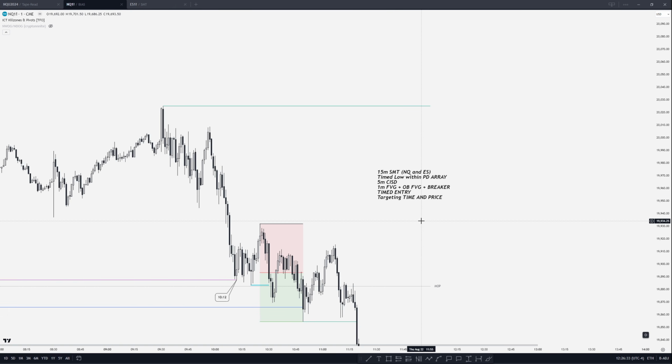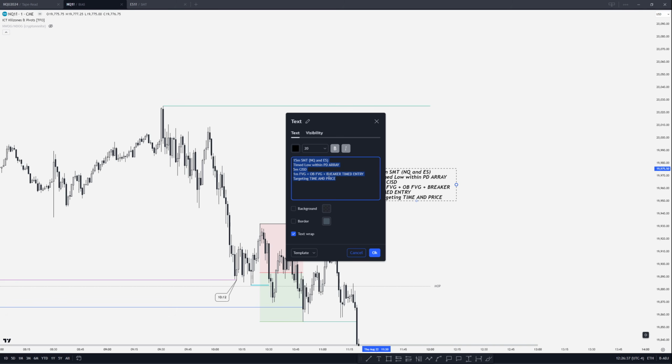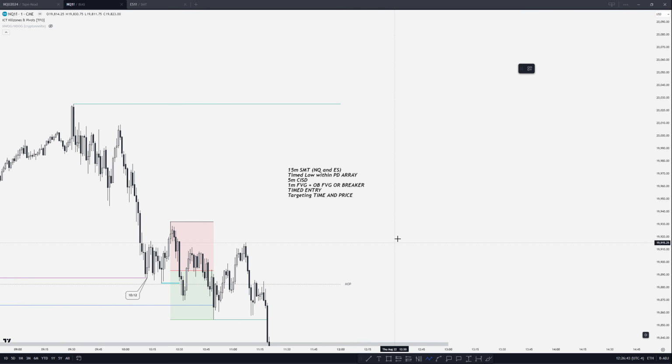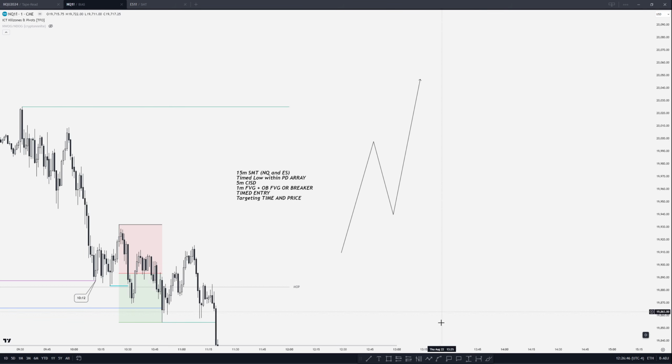Obviously, mine's going to be different from everyone else's, though. But if you're looking for specific entries, it's either going to be this or this. Two entries I need.